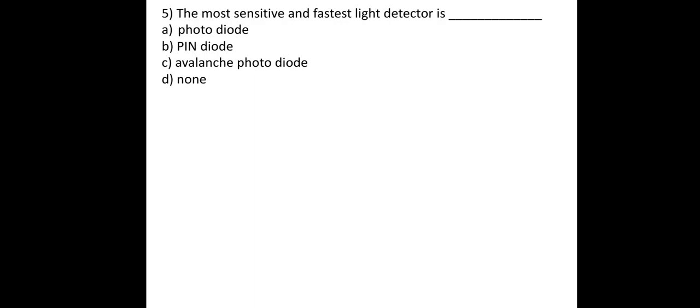Next question: the most sensitive and fastest light detector is dash dash. Which light detector is used in OFC communication, the most sensitive? Option A photodiode, B PIN diode, option C avalanche photodiode, and option D none of these. Okay, the correct option is C, avalanche photodiode.